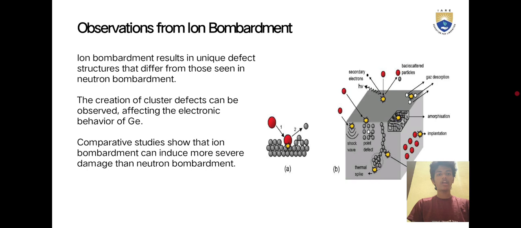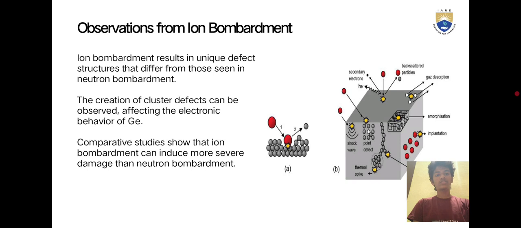Observations from ion bombardment. Ion bombardment results in unique defect structures that differ from those seen in neutron bombardment. In this figure we can also see the total bombardment mechanisms.